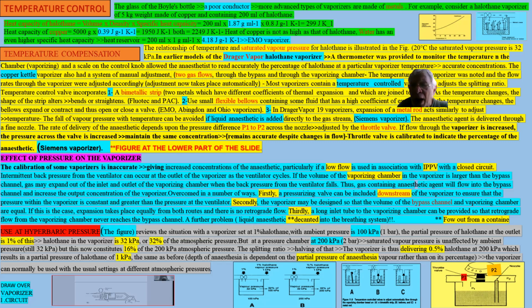This is why we have different modalities to overcome this problem. First of all, we make a pressurizing valve at the downstream to overcome the pressure, so it will not be affected by the pressure of the ventilation. The second thing is making the vaporizer chamber equal to the bypass chamber. What's the meaning of that?